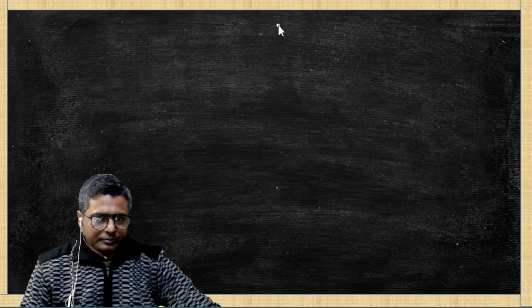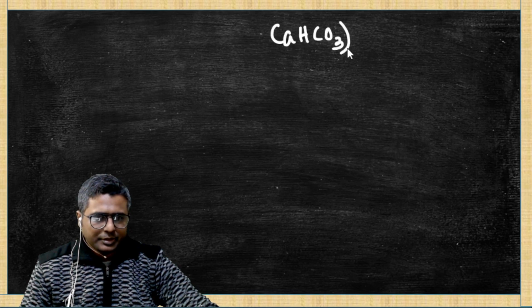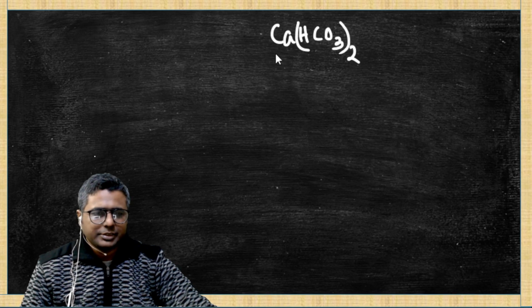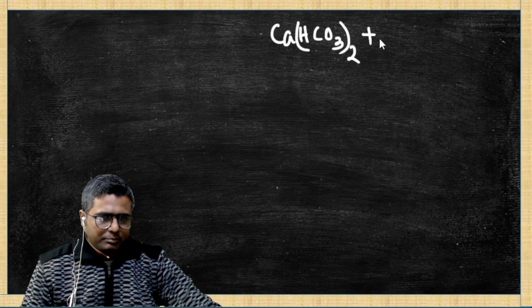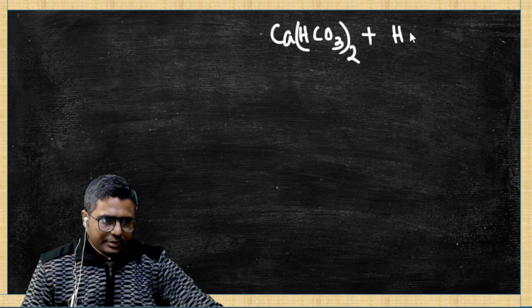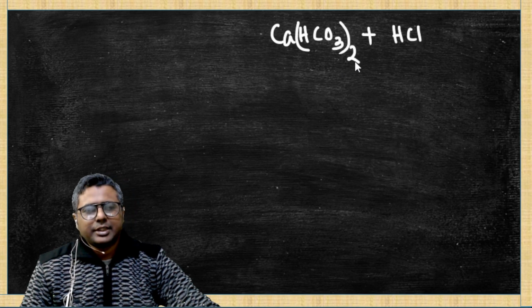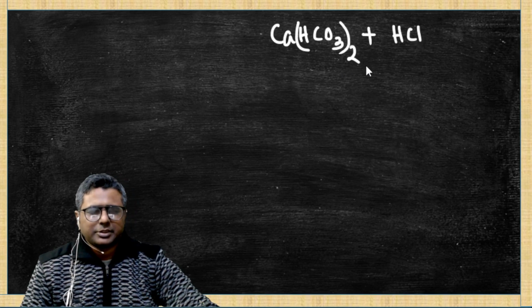Now we will go for bicarbonates. So I will take calcium bicarbonate only. Bicarbonate has a valency of 1 and calcium has a valency of 2. So calcium bicarbonate is Ca(HCO3)2 plus HCl. Bicarbonates and carbonates have not much of a difference.